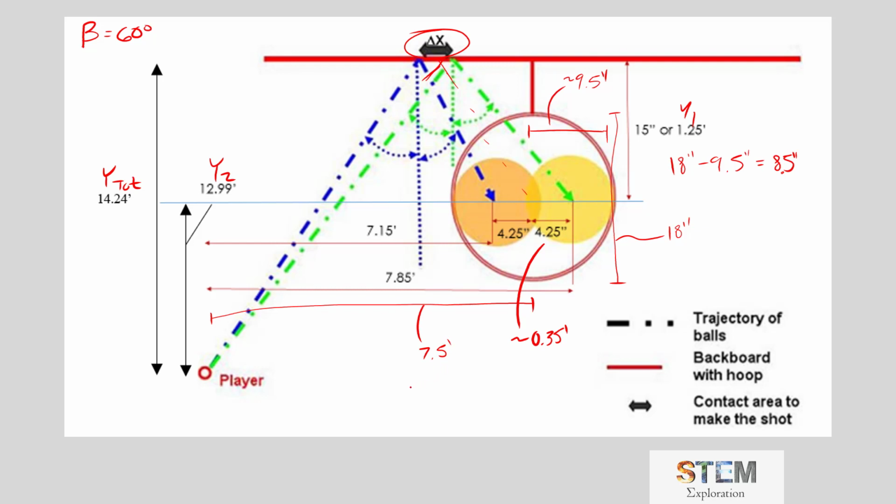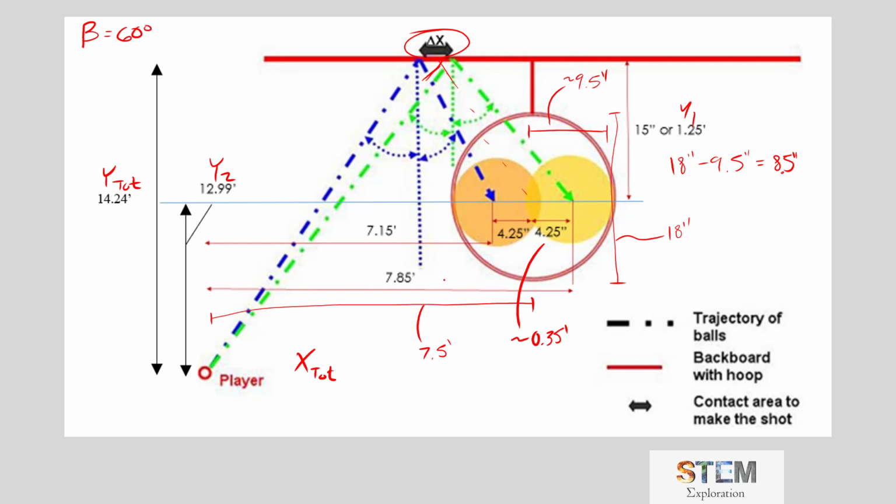So what we're going to do in this video is repeat a whole bunch of calculations that we did previously, but the only thing that's going to change is X total. We're looking at when the basketball banks on the leftward part of the board into the basket and the rightward part of the backboard into the basket.